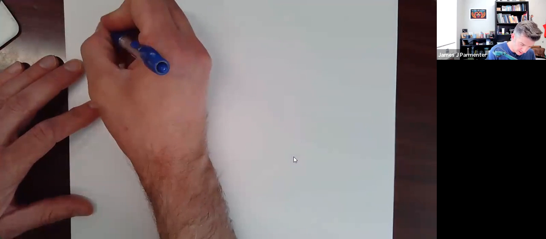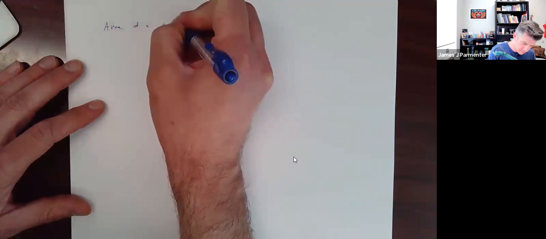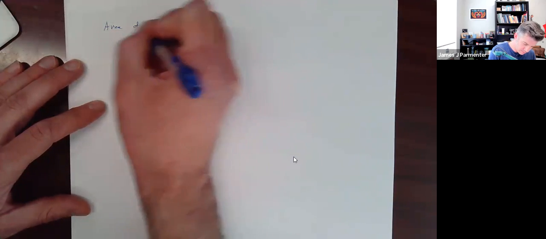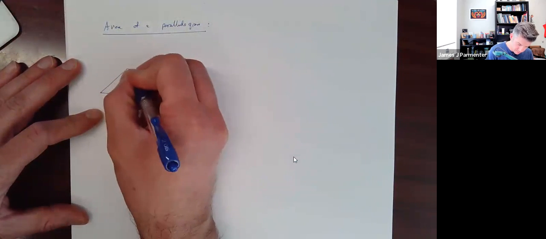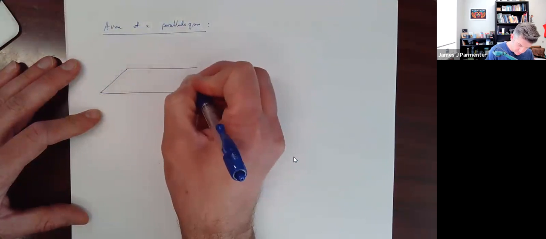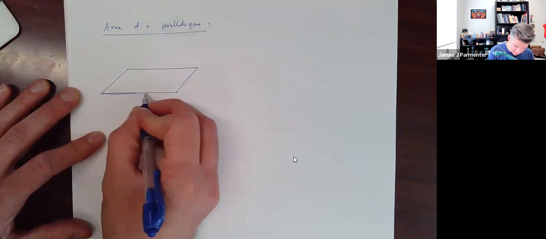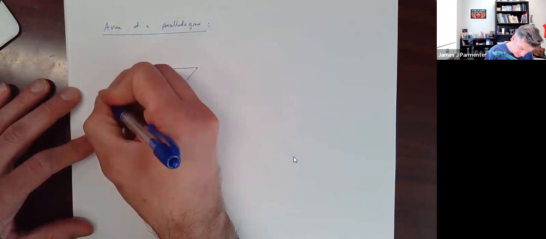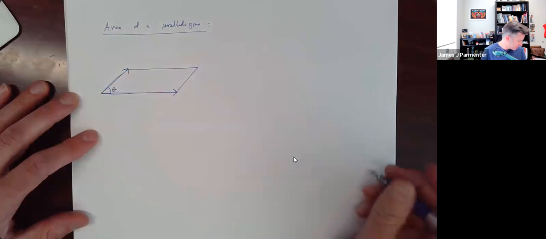So the last thing I want to talk about is a couple of interesting facts that sometimes come up. The area of a parallelogram. If this is your parallelogram, we can think of this side as being a vector, and this side as being a vector, and this as the angle between them.